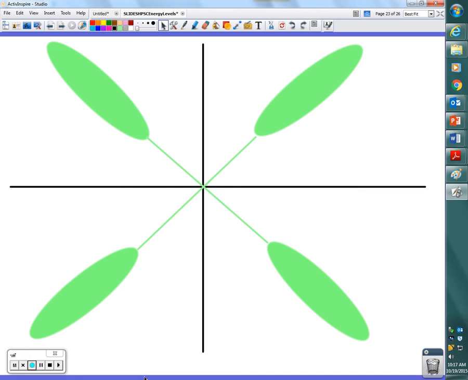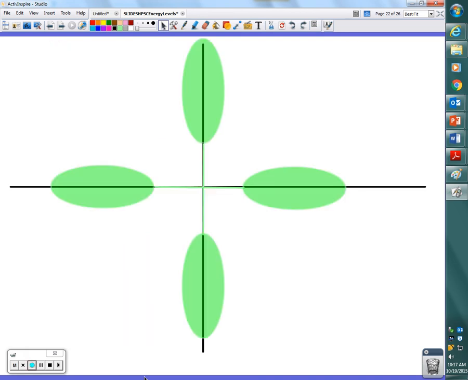But when we start thinking about where they go, we said that it's trying to get as close as we can to the nucleus while staying as far away from other electrons as we can. So if we take these green figure eights, for example, if we have an electron on the x-axis figure eight, the farthest away from the x-axis figure eight you can get is the y-axis.